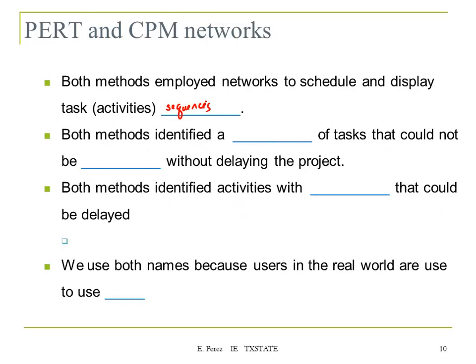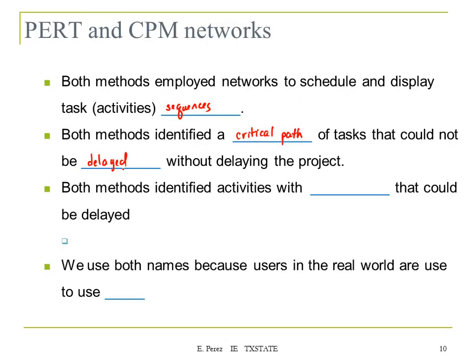Both methods identify a critical path of tasks that could not be delayed without delaying the project. And we're going to go back to this definition later today, but this is very important.